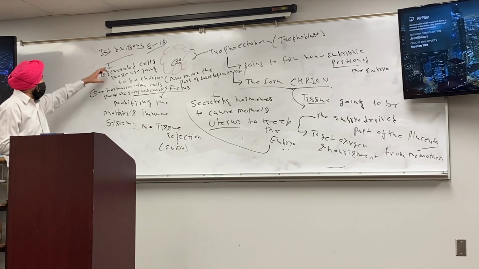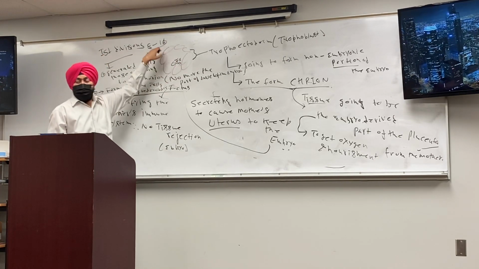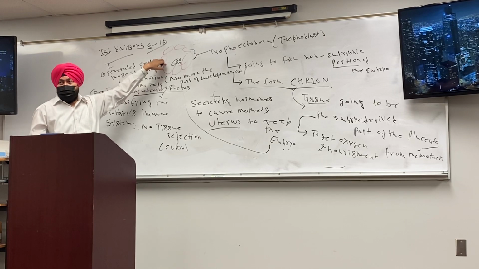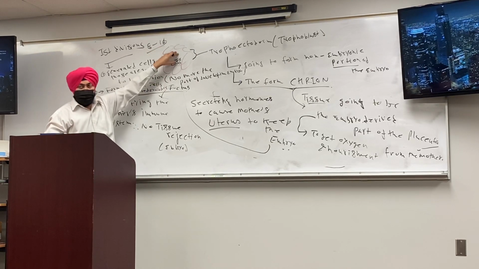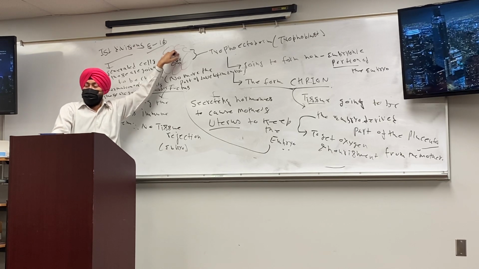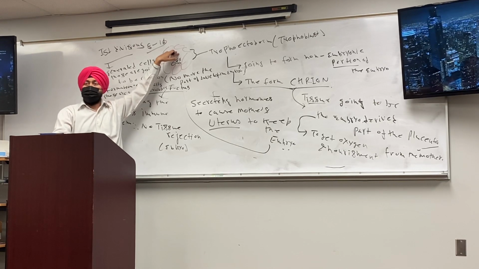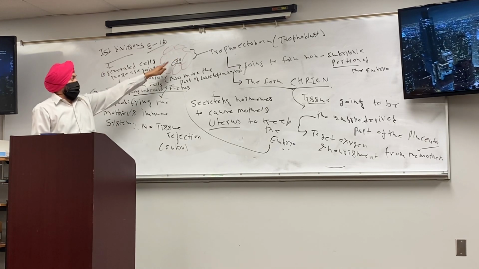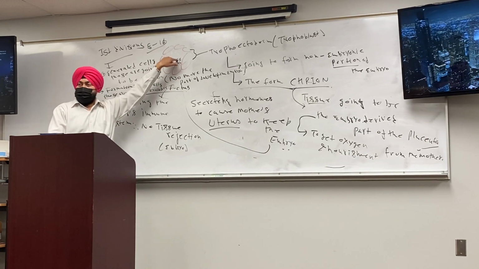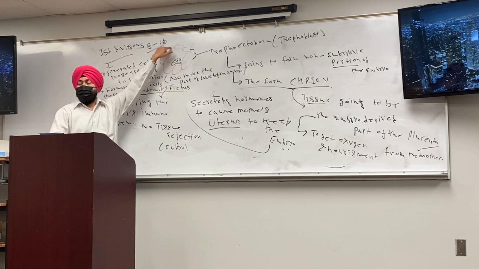Now these cells which are outside are not going to contribute anything to the new fetus. Only the cells which were inside, the smaller cells, are going to give you everything of the new fetus. Now, the interesting thing is, this cell can give you everything, but not the trophectoderm.